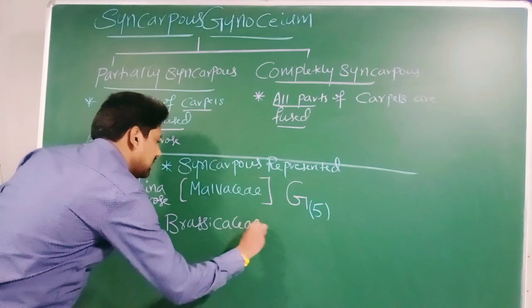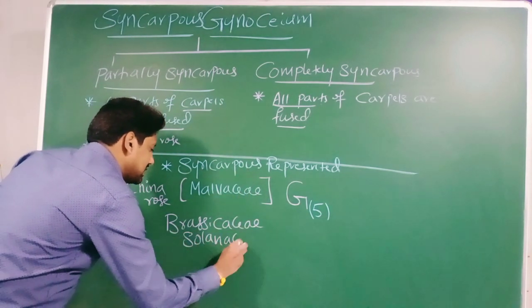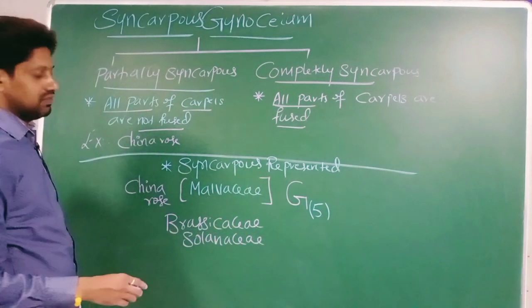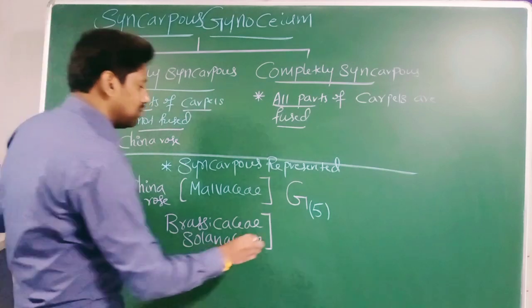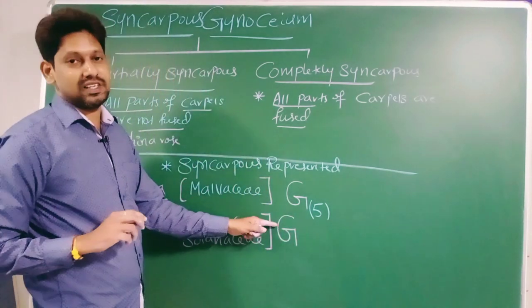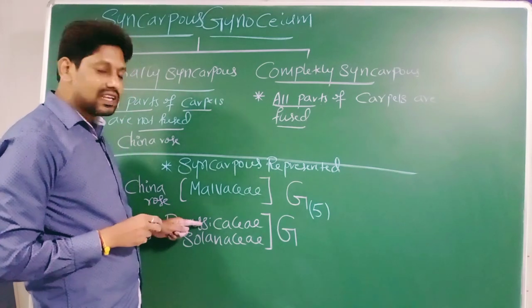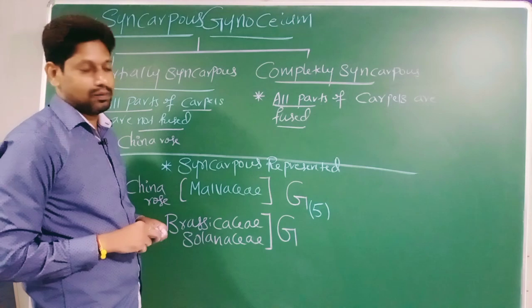Now you take the Brassicaceae family and the Solanaceae family. I already told you Gynecium is represented by symbol G. In Brassicaceae family, 2 carpels are present. In Solanaceae also 2 carpels are present.